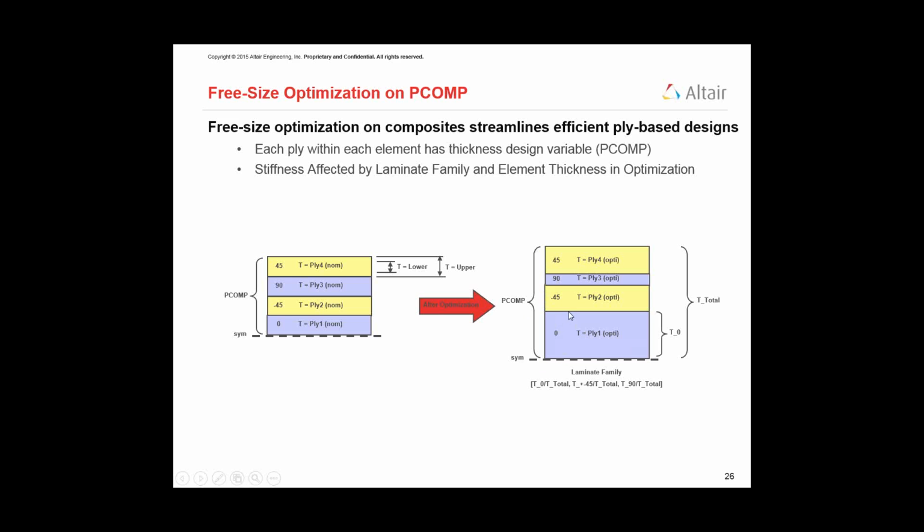Now obviously you can't create a ply at that thickness, but what we can do is slice those plies, knowing what the ply thickness is. If my overall ply thickness is 1 millimeter, but my sheet is 1/10 of a millimeter thick, I know I need 10 sheets of that ply. So free size optimization works quite well in optimizing composites.